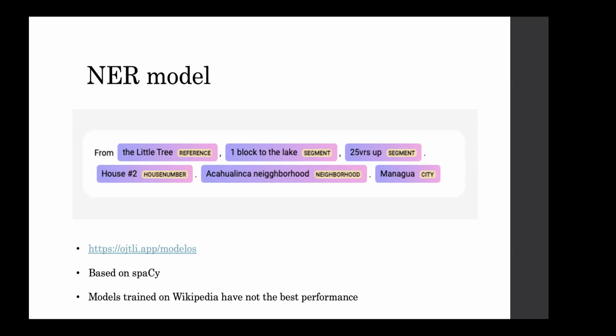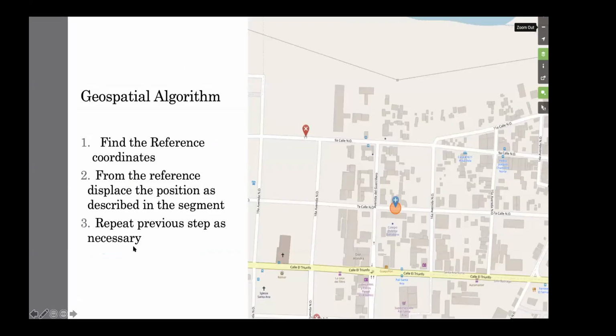So now that we have the entities, how do we get to the coordinates? The algorithm is actually very straightforward. We find the coordinates of the reference, like we saw in the example.